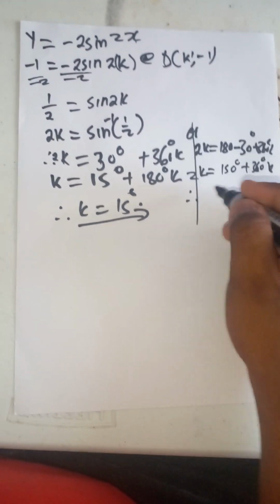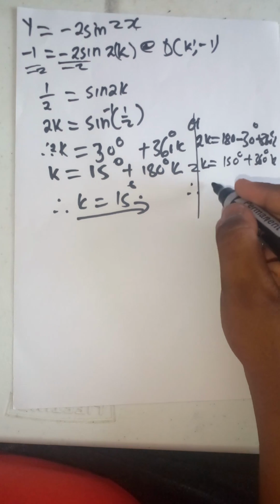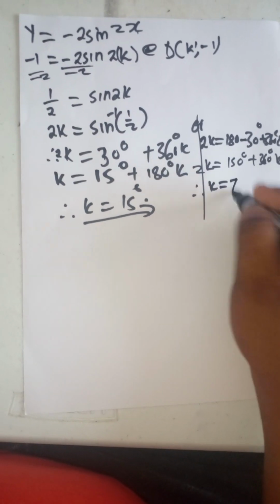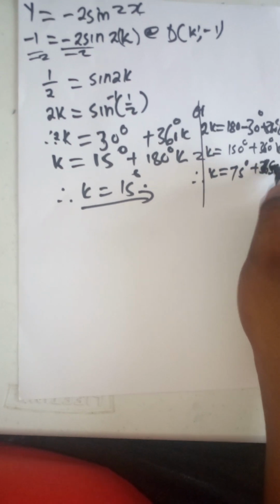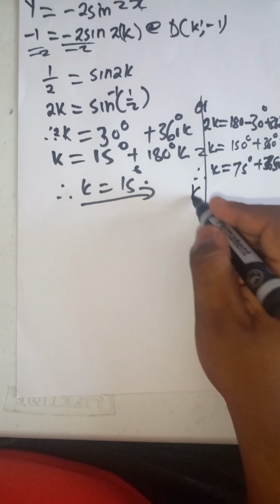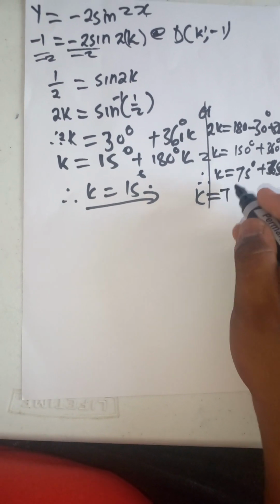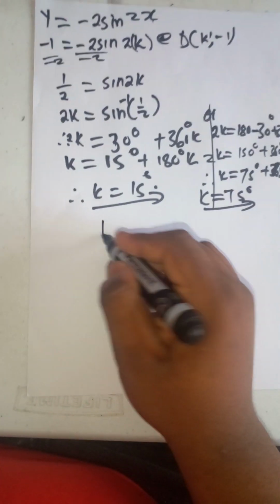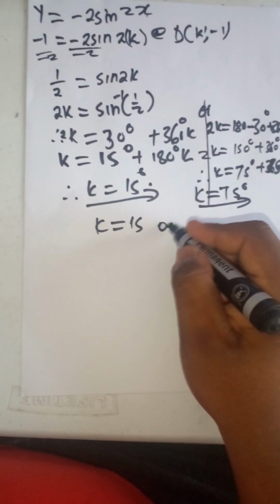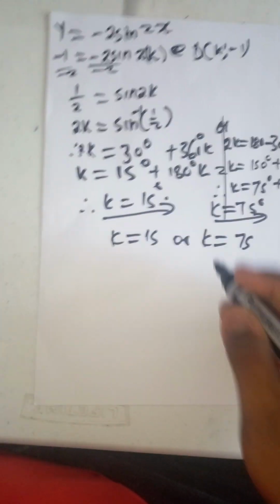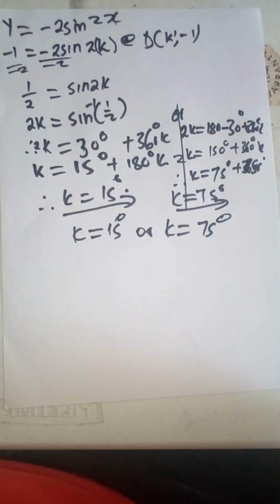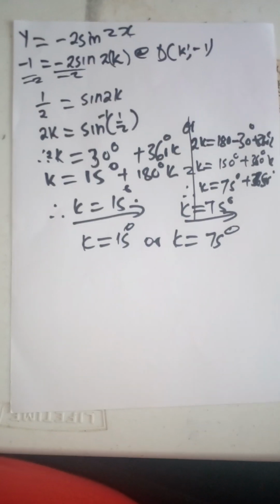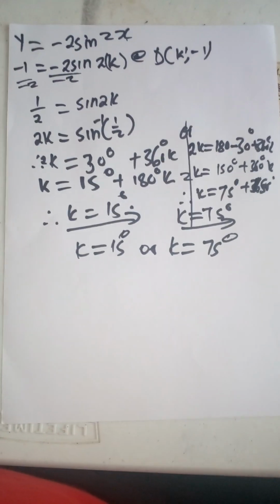And then therefore when I divide by 2, k is equal to 75 degrees plus 180 degrees k. So my second k will be 75 degrees. So the values of k are 15, or k is equal to 75, because they said the values there, and they said in the interval between 0 and 180.